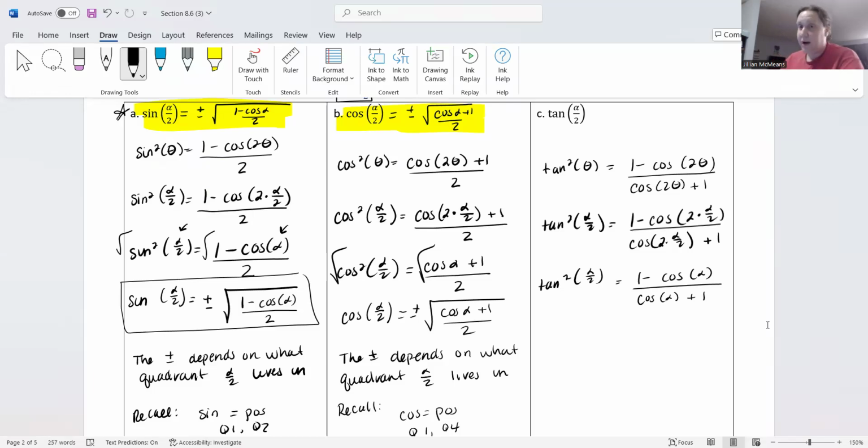Now remember, we want to find out what tangent of alpha over 2 is, not tangent squared. So to undo that tangent squared, we take the square root of both sides. So I get tangent of alpha over 2 equals plus or minus. That plus or minus is so important. And it's going to equal plus or minus the square root of 1 minus cosine alpha all over cosine alpha plus 1. And let me write that up here.